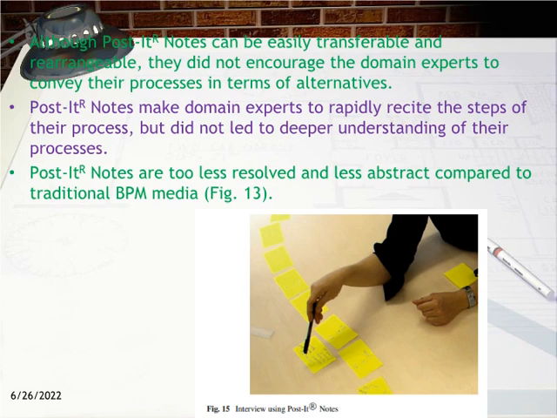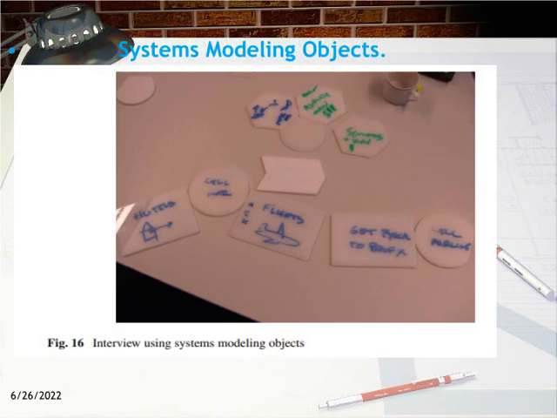Post-it notes are much less resolved and less abstract compared to traditional BPM media. Figure shows an interview using Post-it notes. Systems modeling objects. The next iteration is the use of a set of acrylic blocks. Process experts and domain experts can write directly on these blocks with dry erase markers, as shown in the figure.